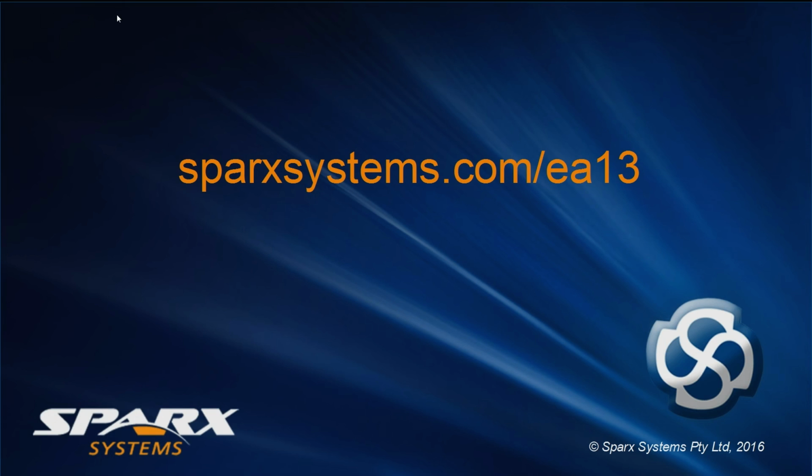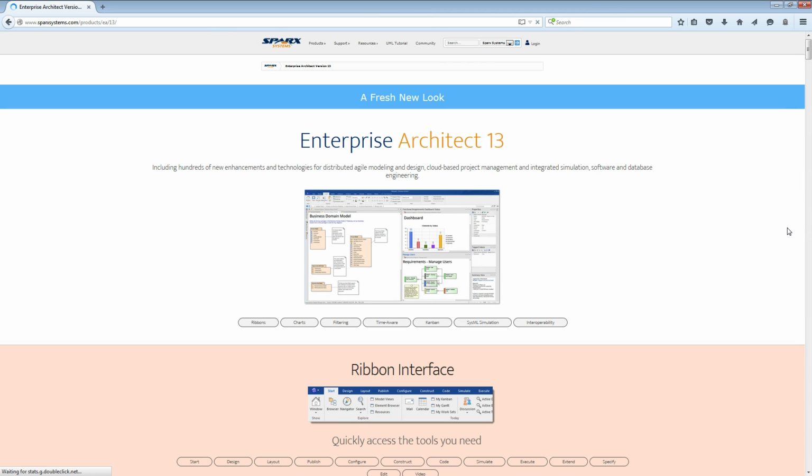So what we've done tonight is we have shown a number of different features. Now on the Sparx Systems website, if I just bring up sparxsystems.com/EA13 and show that on screen, we have our release page.